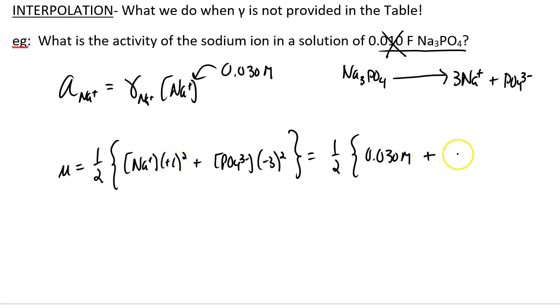The concentration of phosphate would be 0.010 molar, and its charge squared would be 9. So when I did the arithmetic, I got that the ionic strength was 0.060 molar.